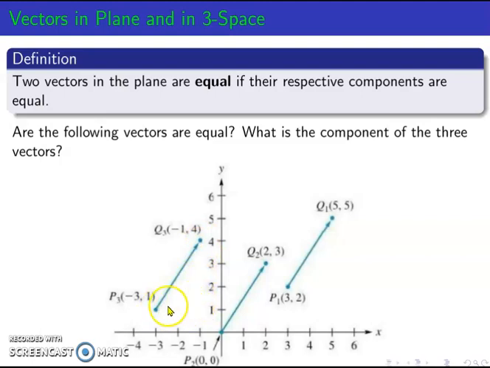So you have 2, 3. Again, the components are 2, 3. Since the respective components of all of these vectors are equal, therefore these vectors are equal.